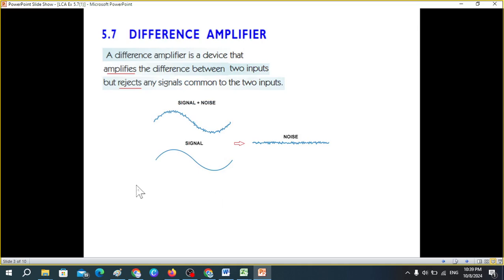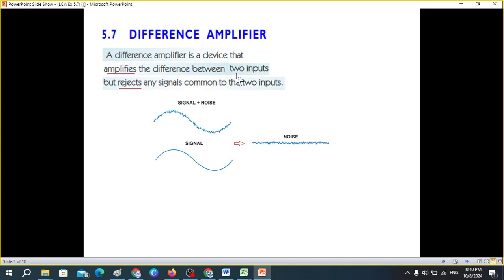Now, according to the definition, a difference amplifier is a device that amplifies the difference between two inputs. So these are the two inputs, and the difference of the two inputs is the noise. This is the pure signal, and this is the signal with noise. So the difference we get is the noise signal, and then we can amplify this value.